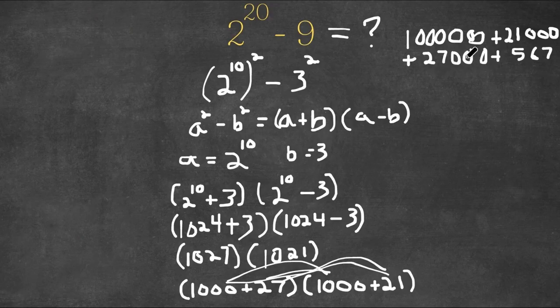So this is equal to 1, 0, 0, 0, 0, 0, 0, plus 48,000, plus 567.